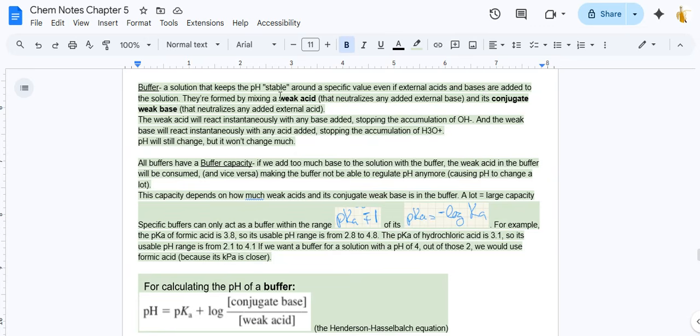But if there's a lot of buffer, a lot of weak acids and a lot of conjugate weak bases in the buffer, if we add external acids and bases to it, it won't be used up as quickly. So there's a higher buffer capacity.